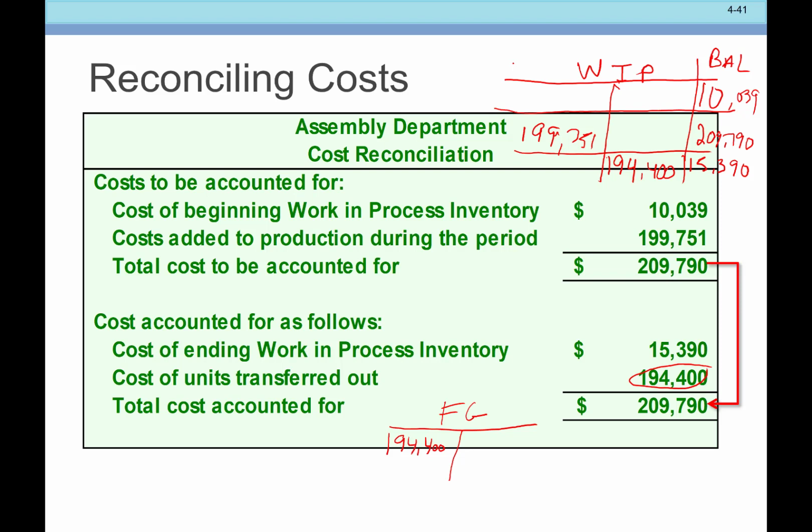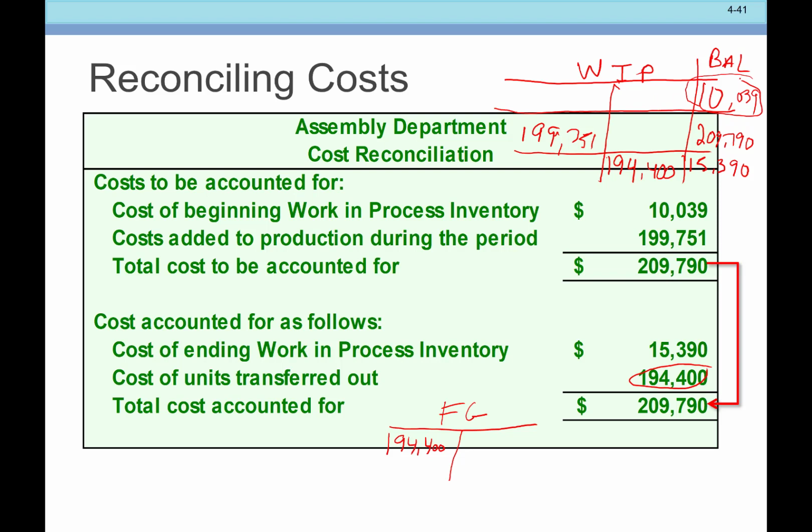Okay, so what I put up here was a ledger card for our work in progress, and here we're combining both our materials and our labor together, right? In our work in progress, we're just showing one big number for the two of them, for our conversion costs and our materials. The beginning, they tell us, is this 1039, isn't it?